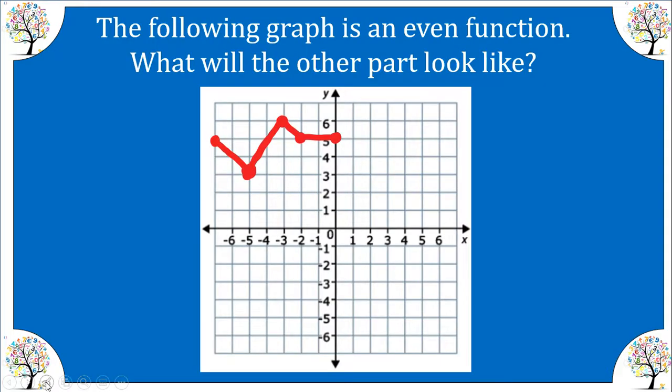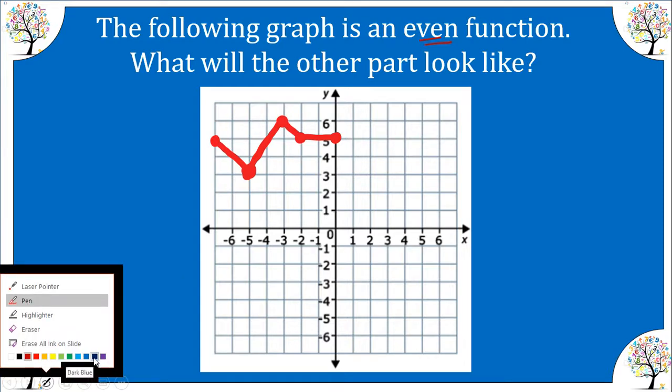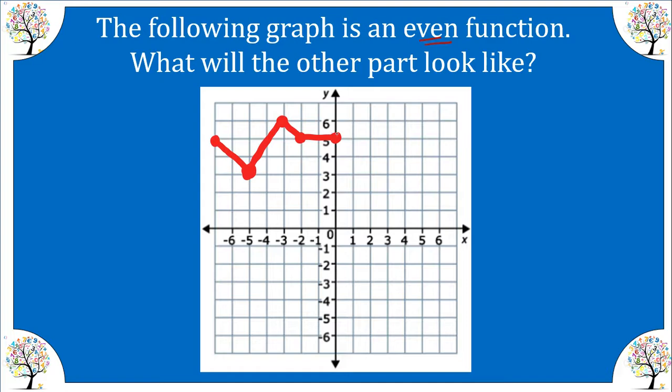Okay, this time we are given a partial of an even function, and we need to see what it looks like on the other side. I'm going to grab a different color. And so here, when we reflect 0, 5 about the y-axis, it just lands right back on itself. Then we have this ordered pair -2, 5. So when we have -2, 5, and we put in +2, we should also get a +5. This point, -3, 6.